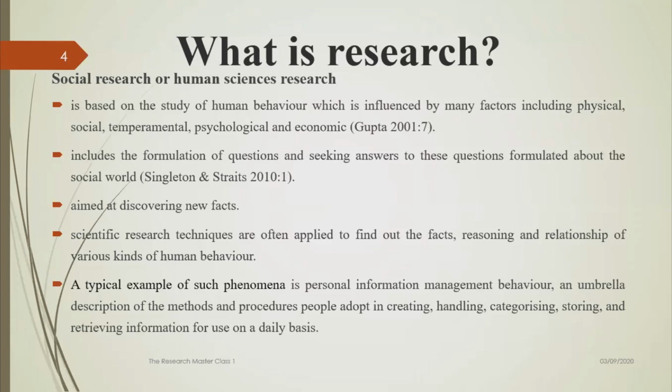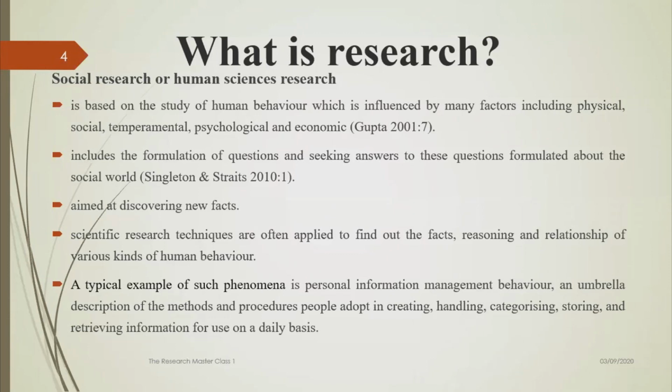Social research includes the formulation of questions, and then we seek answers to these questions. Like I said, they are mostly about the social world. Most often in this research, we have to set objectives. Sometimes we set hypotheses, and then we try to find answers to these questions or hypotheses we posed.